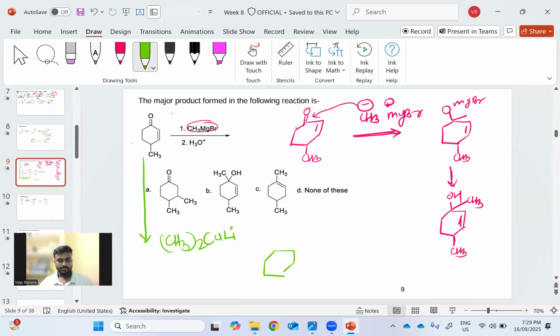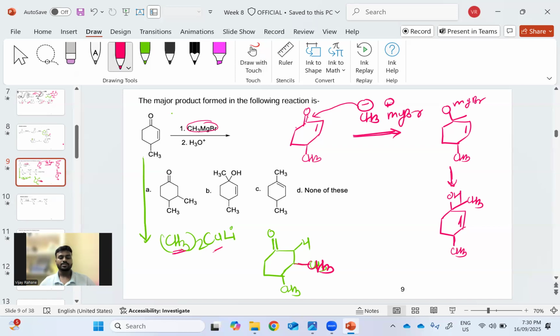We get this product. Yes, the double bond will remain as it is. Here there will be the proton, and here there will be the incoming nucleophile, and the CS will remain. This methyl will be from this copper.